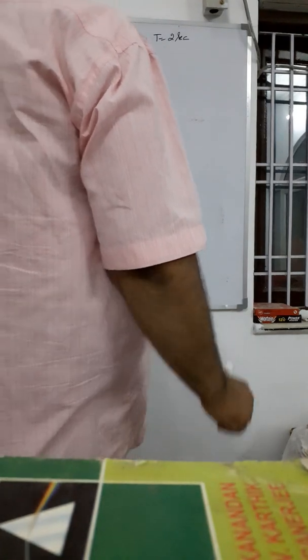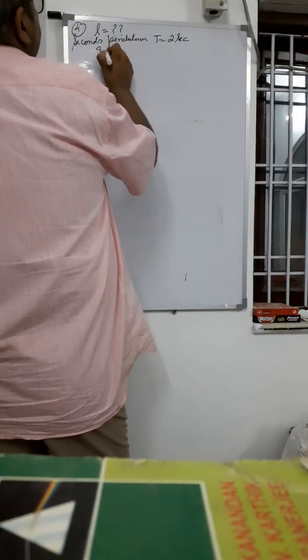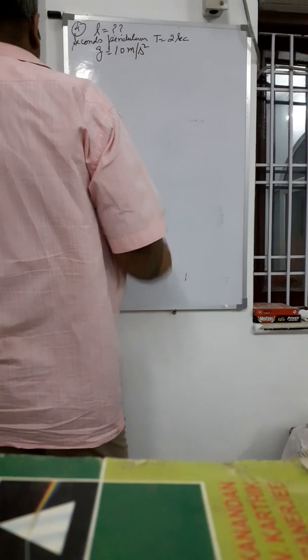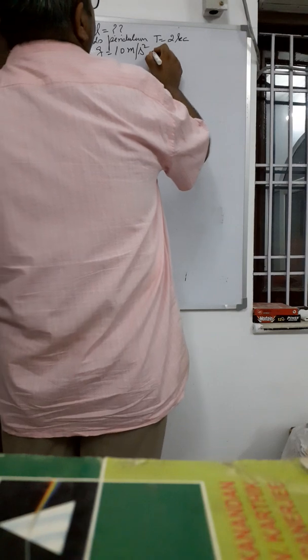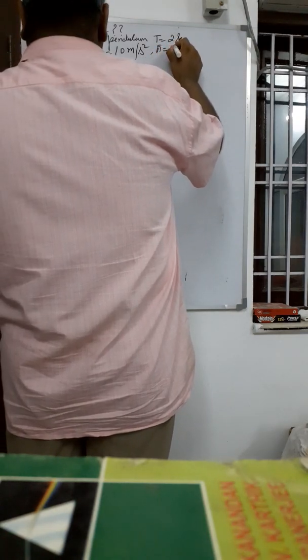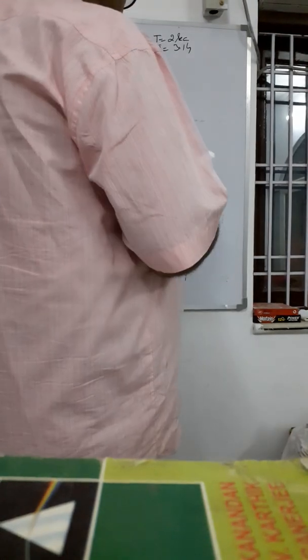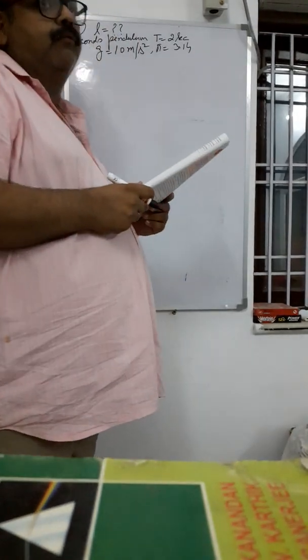At a place where they have given the value of g is equals to 10 meter per second square and pi 3.14. So again we have to use the same formula. Which formula?